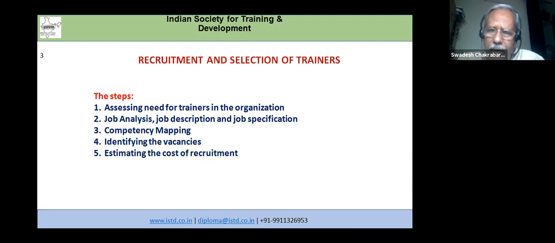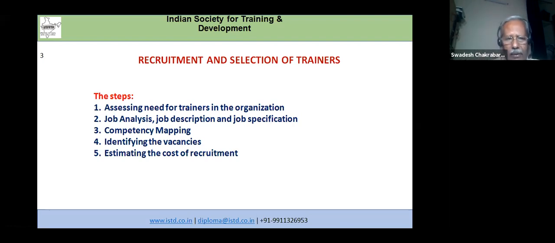And accordingly, you select through various processes, and that selection process may involve some written test or some interview, depending upon the organization and their policies. And after that, the identification of the vacancies, that is, where the people are going to be posted. And of course, you have to find out the estimated cost of the recruitment.